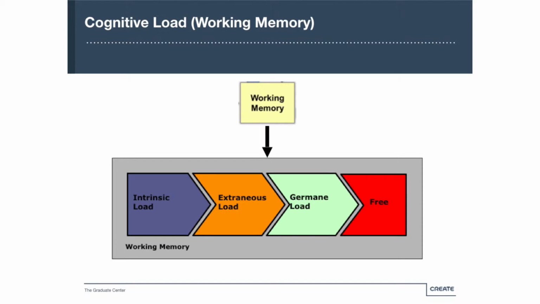So I want to explore this working memory. As I said, that's where a lot of the important stuff takes place. John Sweller came up with this model talking about cognitive load. His point is, since working memory is of limited capacity, you have to think about how you're filling it up. In any kind of learning process, you have intrinsic load. That's just how complex something is.